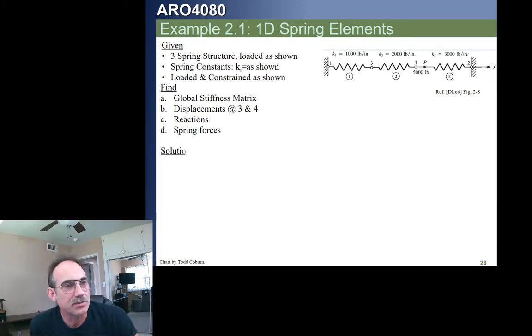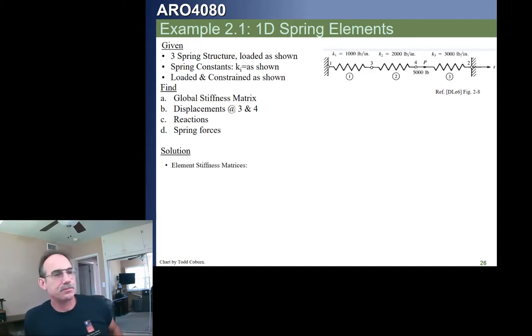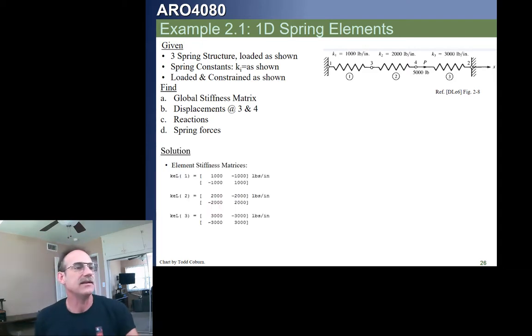So we can go and get our local stiffness matrices, right? If element 1 has a spring constant of 1,000 pounds per inch, then that's going to populate a local matrix for element 1 of 1,000, minus 1,000, minus 1,000, 1,000. You see that? Element 2 will be constructed in a similar manner, element 3.